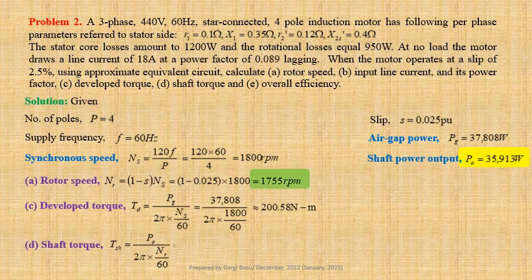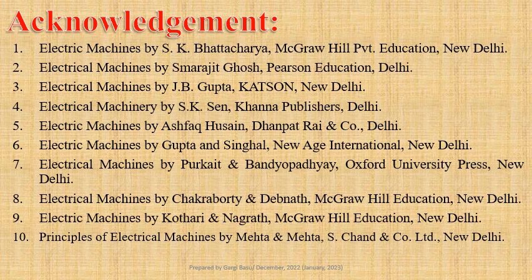Therefore, Tsh equals 35,913 divided by 2 pi into 1755 by 60, which is approximately equal to 195.4 Newton meter. So today we have solved a pair of numerical problems on three-phase induction motors.